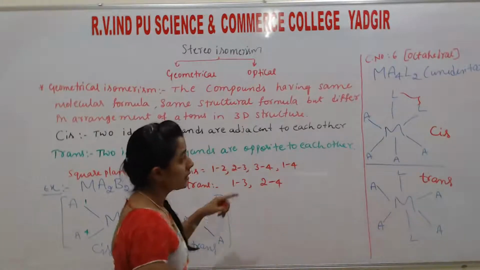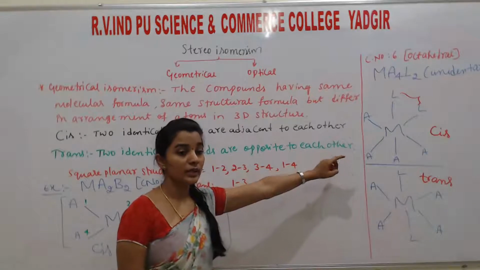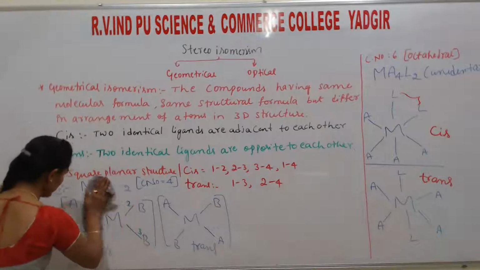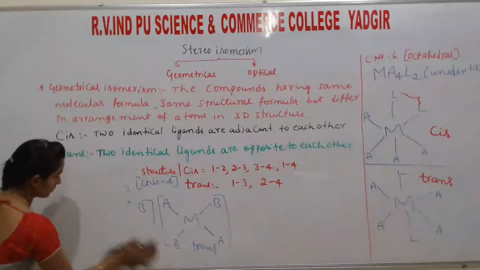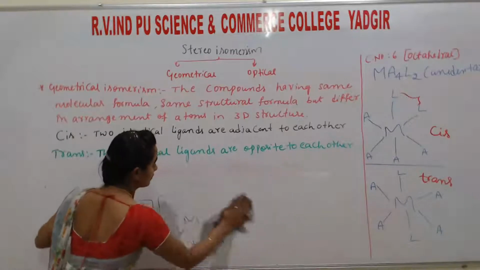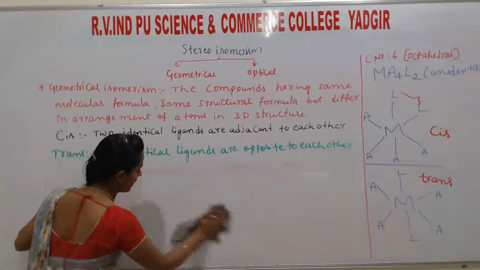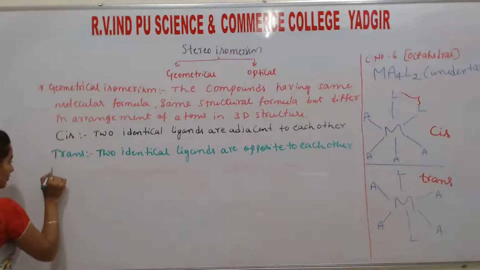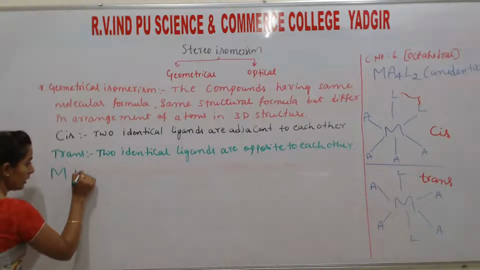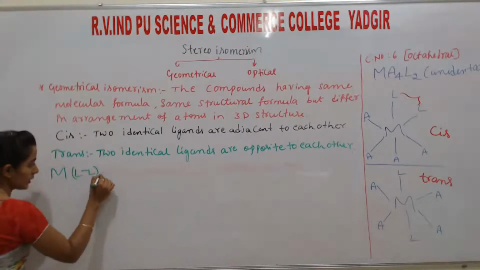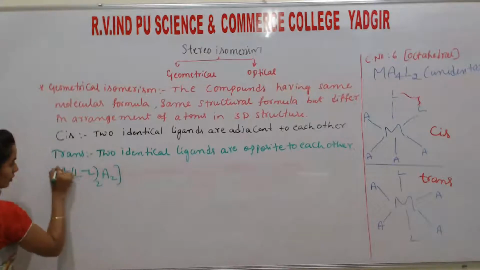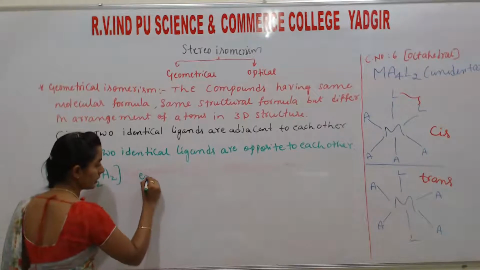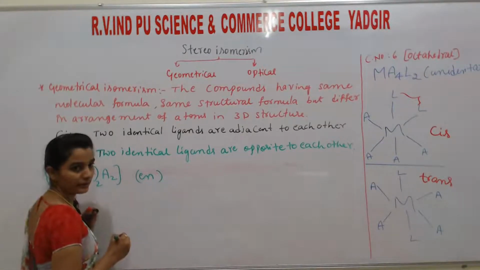Okay. Next, I am considering this one as a unidentate ligand. If I consider a bidentate ligand, that is the formula M(LL)2A2. That is a bidentate ligand. Example is ethane-1,2-diamine, correct?